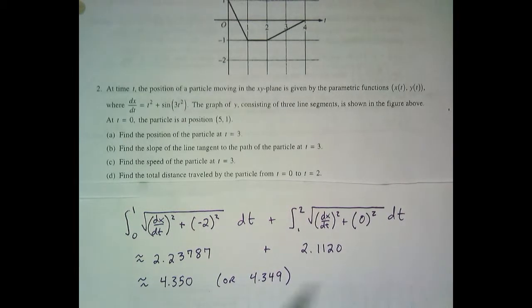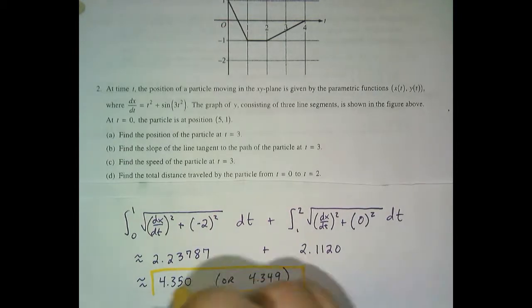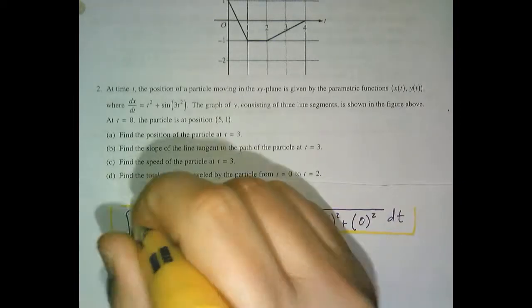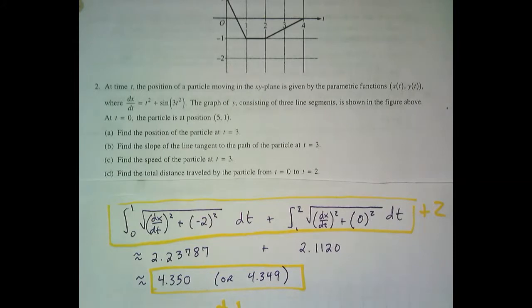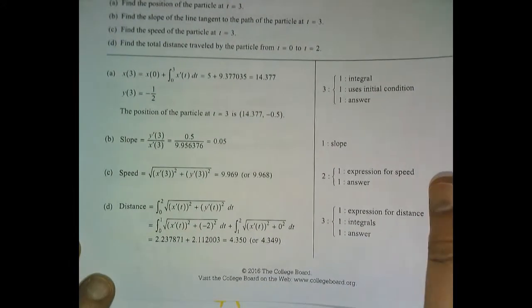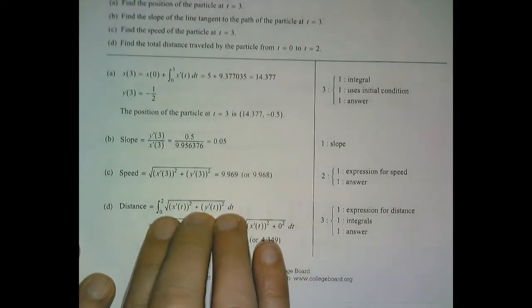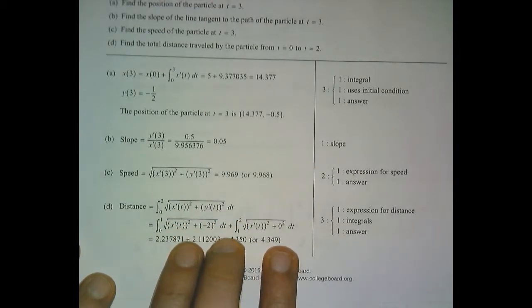This is worth 3 points. One is the expression for distance, one is the integrals, and one is the answer. I'm going to lump this together because I think that supports the expression for distance. In the actual key provided by the College Board, you can see distance shown like this, but then because of that oddity occurring at 1, they split it into two separate integrals.